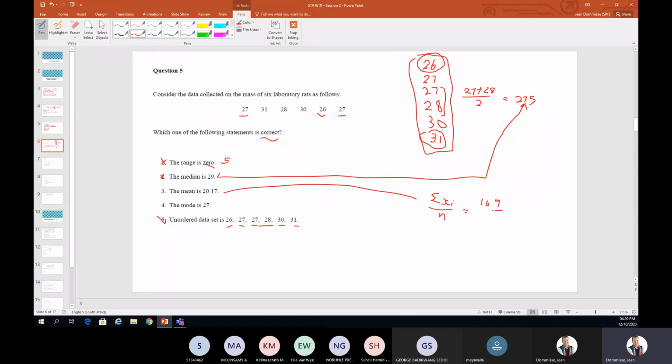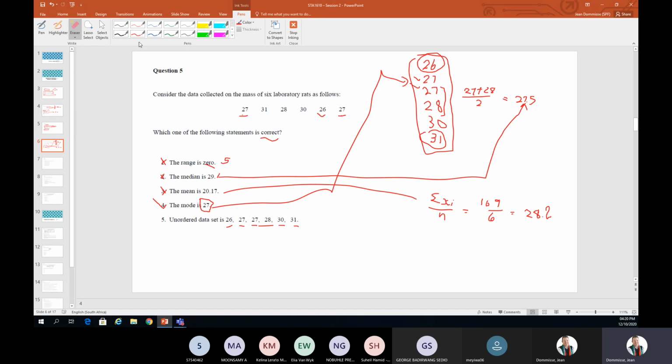And if I divide by 6, I get 28 point something. So it could have been rounded off, but 28.2 rounded off. So definitely not the mean. Oh, and now you can see how easily I made the mistake as well. Okay, mode is 27. And I just didn't read. So that one is actually the correct one.